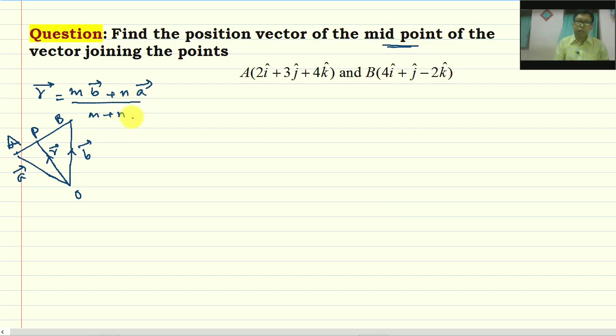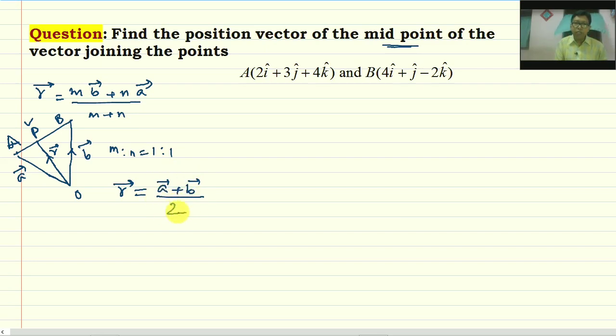Now what happens if P is actually the midpoint of A and B? Then this ratio m to n will be 1:1, 50-50. So in this case you have to replace both m and n by 1. Your formula will be A vector plus B vector upon 1 + 1, that is 2.